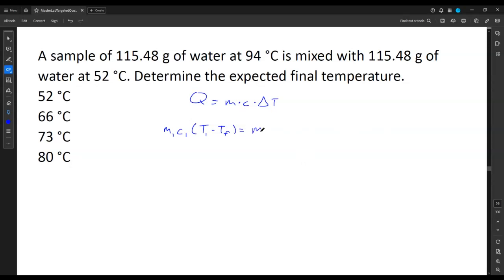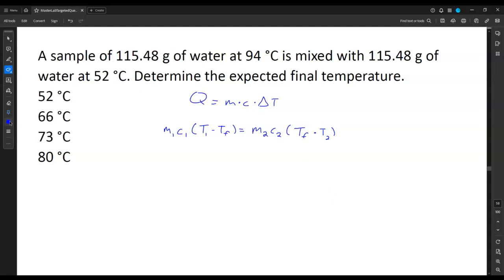Then I would have the mass of my second sample, the specific heat of my second sample, and my change in temperature of my second sample. Now, because of the way the sign changes go, I want to force this to stay positive. And again, I can adjust that a couple of different ways. But I do want to notice that this one warms up. So this is going to be final temperature minus the original temperature that sample 2 had.